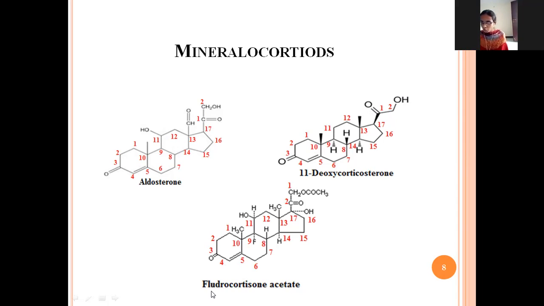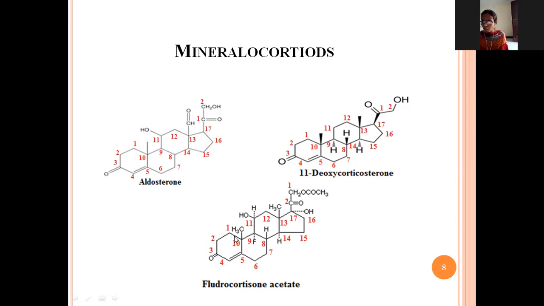Next, fludrocortisone acetate. If you see the structure here, 1, 2, 3, three six-membered rings, that is phenanthrene, and here cyclopentane. Here in the third position, an oxygen group is attached, and in the 10th and the 13th position, methyl groups are there. Two methyl groups are attached in the 10th and the 13th position.